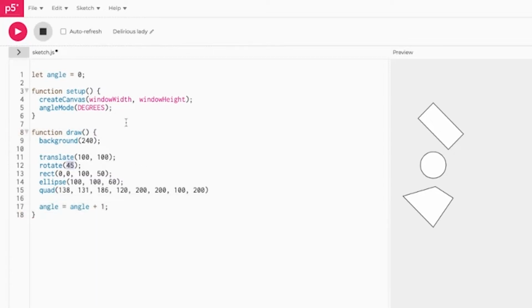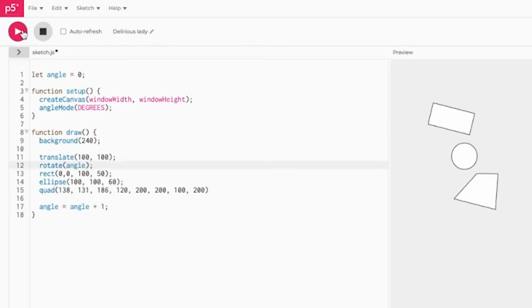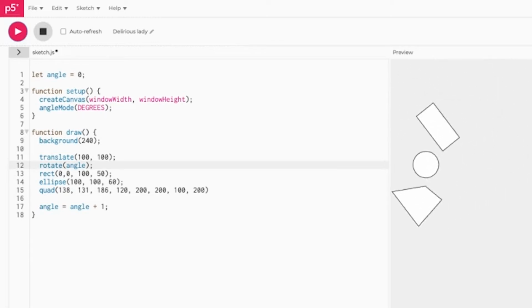And we are going to set the rotate command with the angle. And so let's see what happens then. And now it's spinning. The draw loops, the angle just expands more and more. So it increases by 1 degree every time it's running.